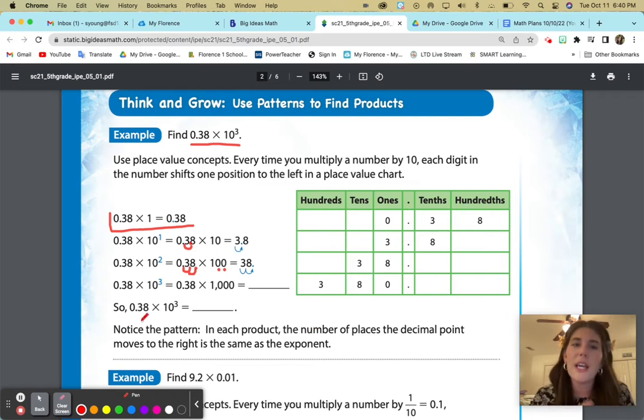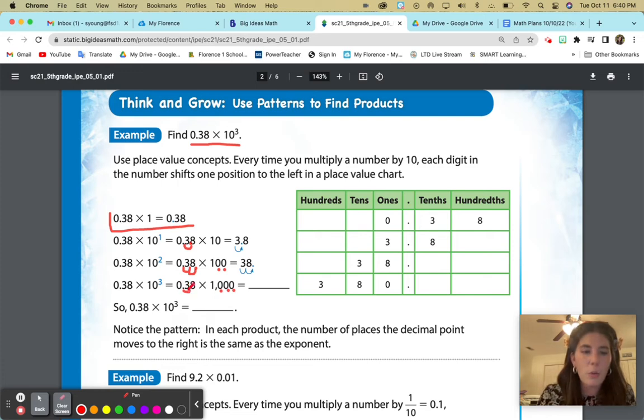Now, what if I go 38 hundredths times 10 to the third? Well, guess what? 10 to the third has an exponent of 3, but that also means that 10 to the third is 1,000, and I see 3 zeros. So pause the video and you try to figure out what your value will be. And if you paused and you figured it out, that means that you're going to move that decimal how many times to the right? 3 times.